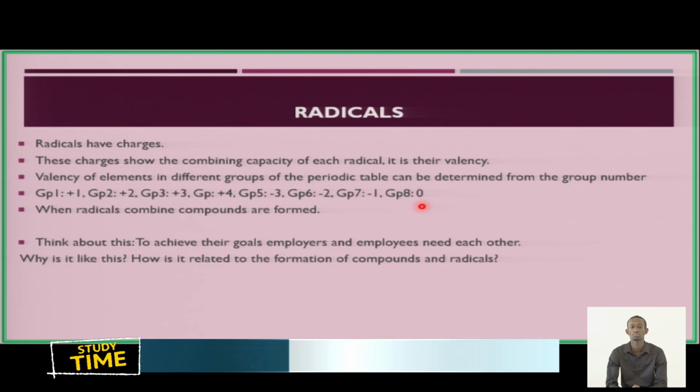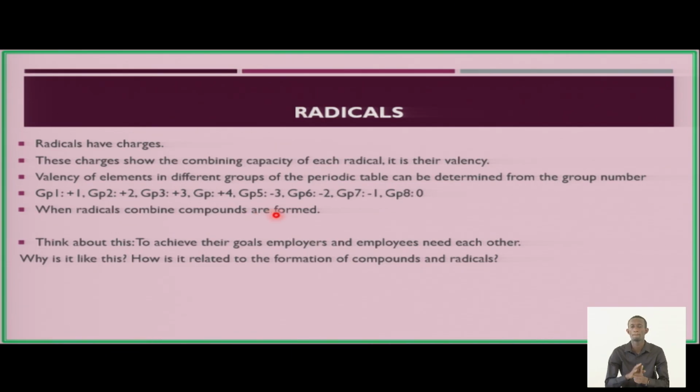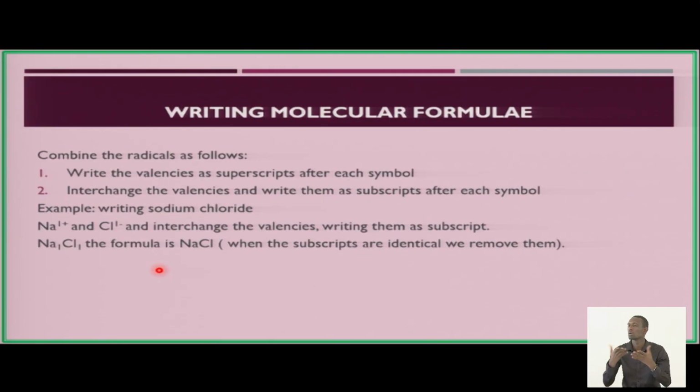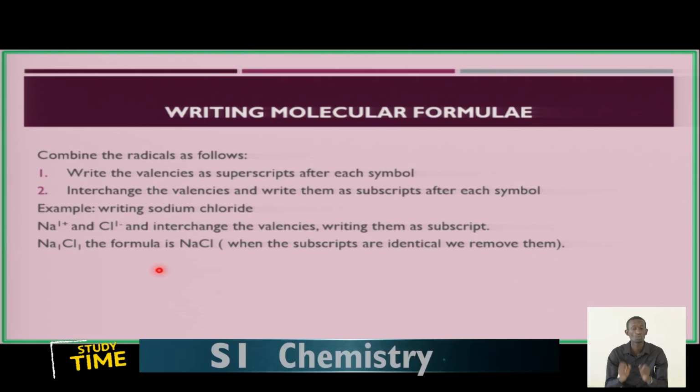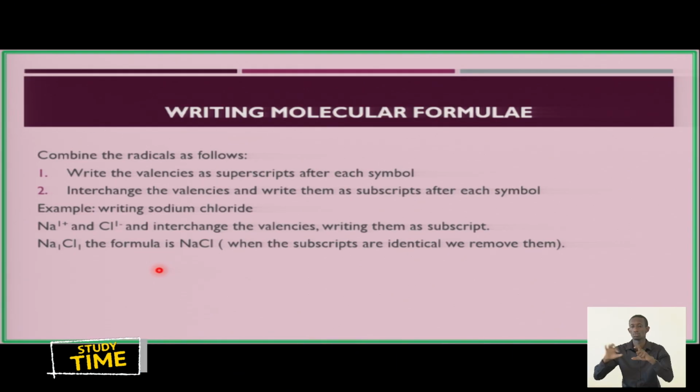Now, how do we form compounds? We know that when radicals combine, compounds are formed. But how do they combine? We go to the next slide to see how they combine. Writing molecular formula of compounds.